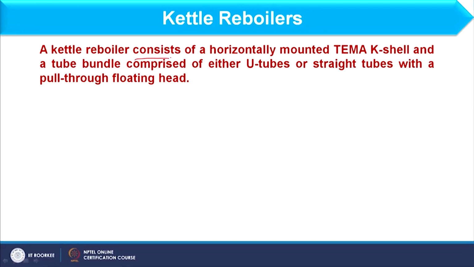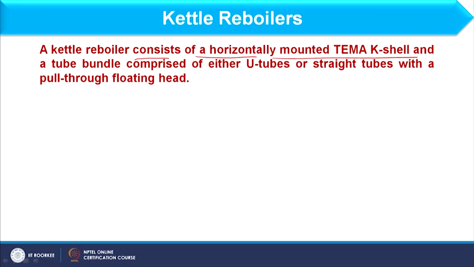So, the kettle reboiler basically consists of a horizontally mounted TEMA K shell. If you remember the nomenclature for the shell, we have E, F, G type, and we have another shell that we call the TEMA K shell, and K comes from kettle. So, the kettle reboiler has a special kind of shell, and it is only used in the kettle reboiler, not in other shell and tube exchangers.